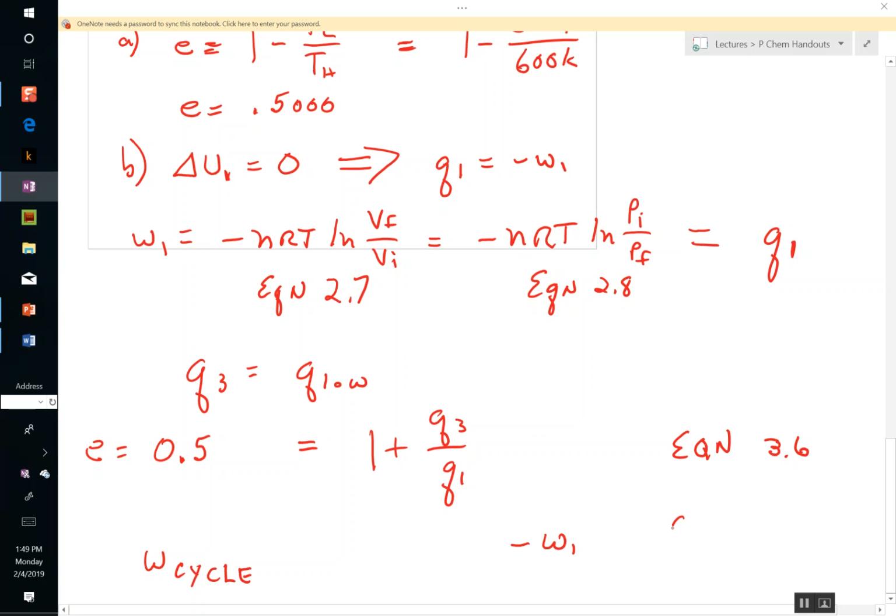And Q3 is going to be equal to negative work 3. Again, because delta U equals 0. So that gives you at least two of the works. But work 2 and work 4 is what we'll have to think about some more.